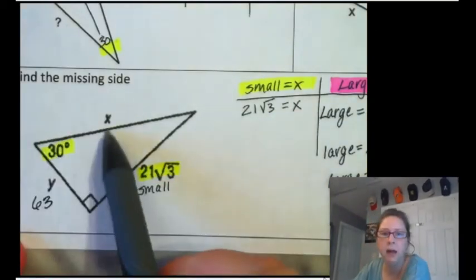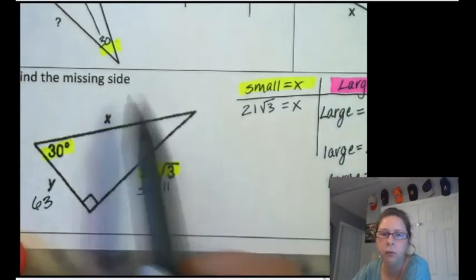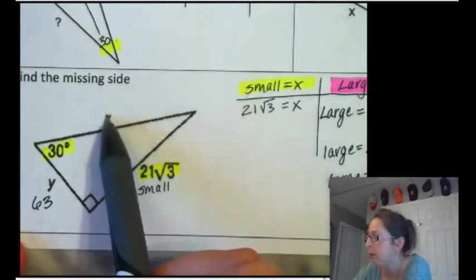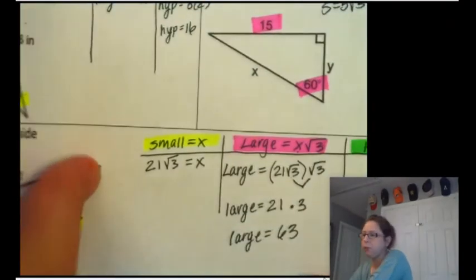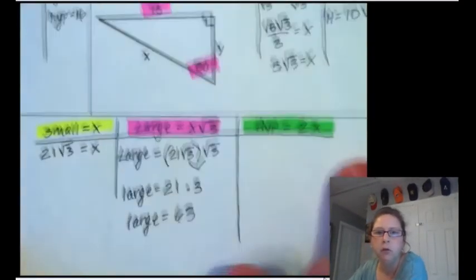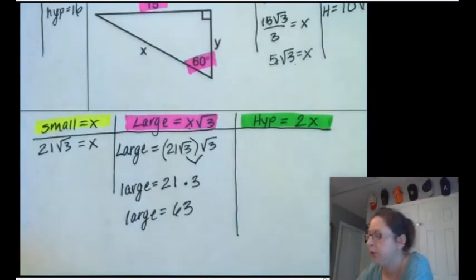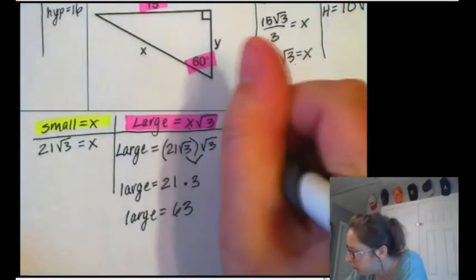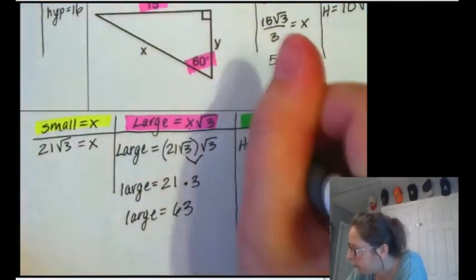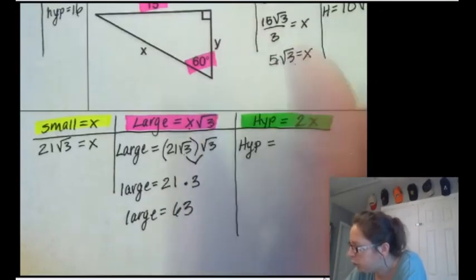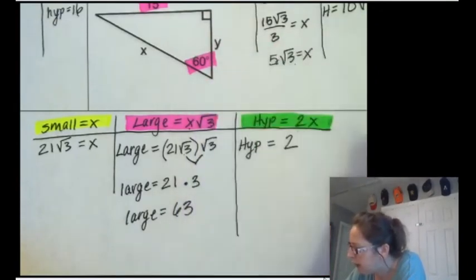Now let's find the hypotenuse, and we're going to ignore the fact that they are using the same letter as our ratio. Okay, so for the hypotenuse, I want to find the measure of that. Hypotenuse equals 2 times x.